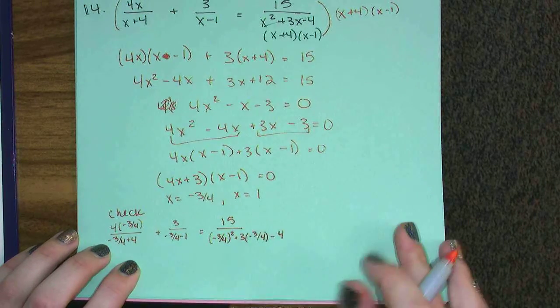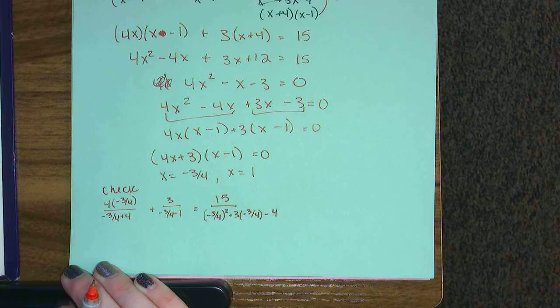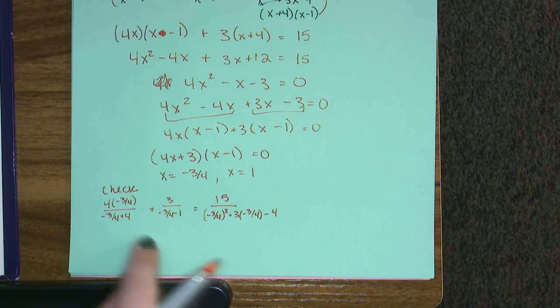You can do this with your calculator if you want. Change it to 0.75 to actually figure it out. Okay, if you want to do this on your calculator, that's fine.